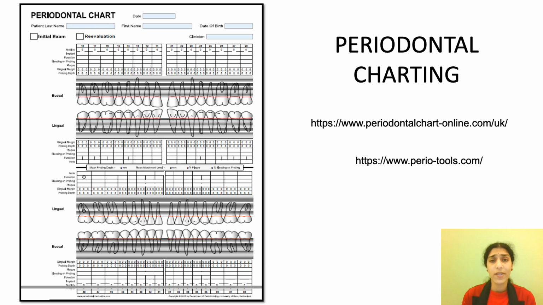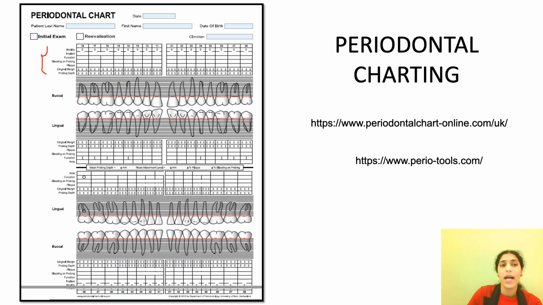So what is periodontal charting and what do we record in that? These are the parameters, as I told you: mobility, furcation, bleeding on probing, plaque scores, the CEJ or gingival margin meaning the gingival recession, and also the probing depth. These are usually recorded in the periodontal charting form. This is an example of a periodontal charting form.